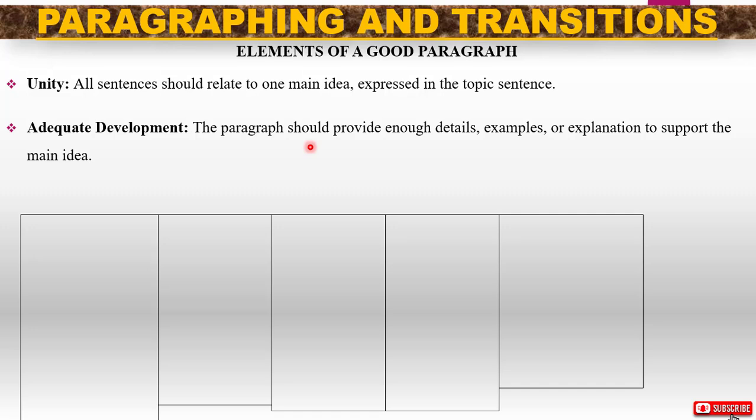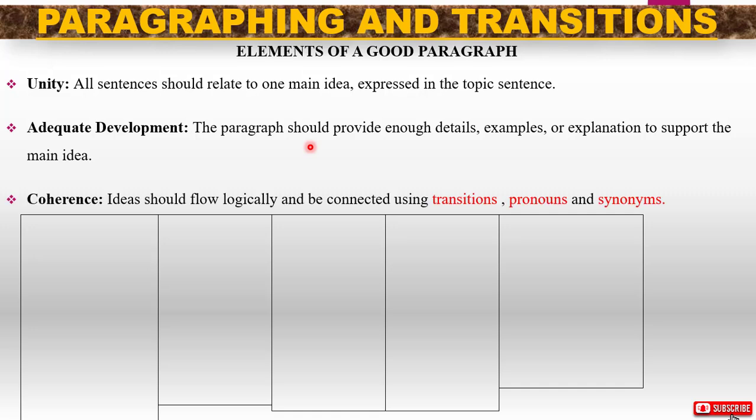And what is the last element of a good paragraph? A good paragraph should have coherence. When we talk about coherence, what do we mean? It means that the ideas in the paragraph should flow logically and be connected using transitions, pronouns, and synonyms.